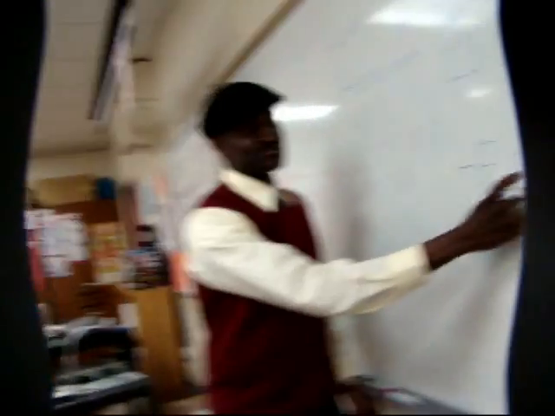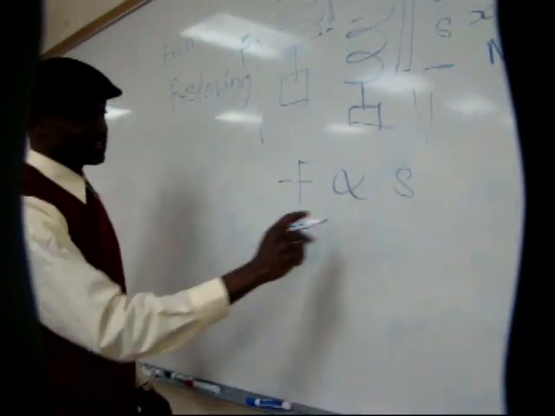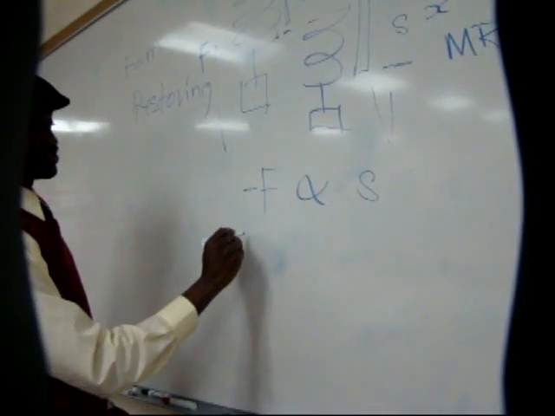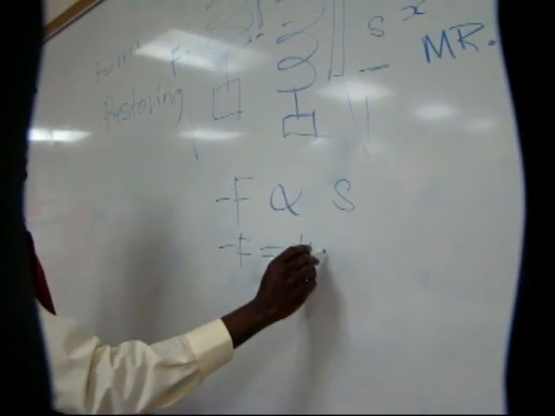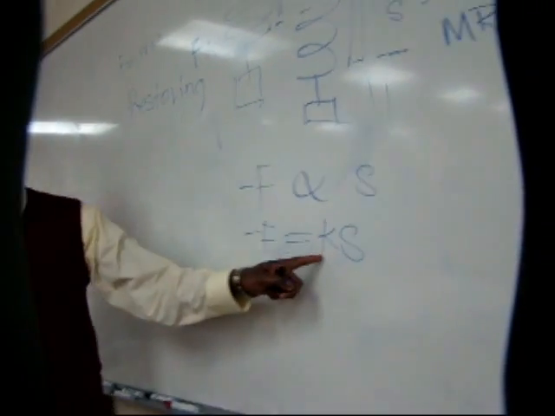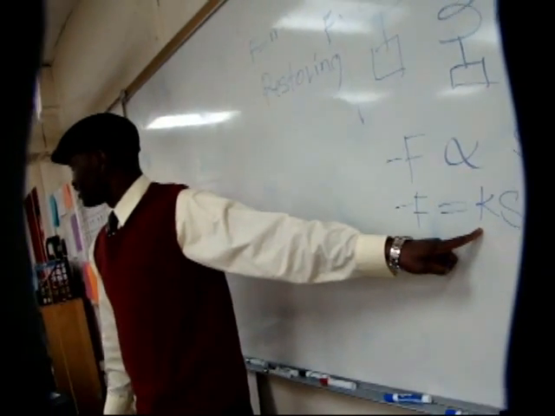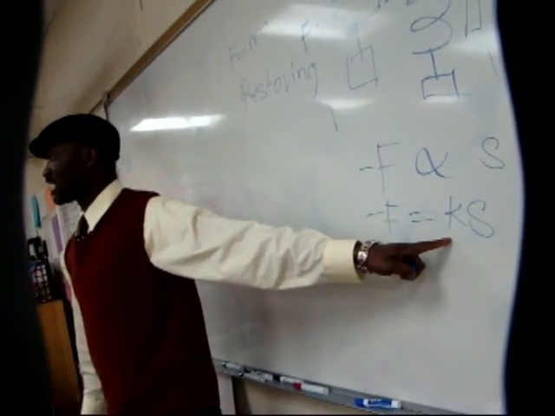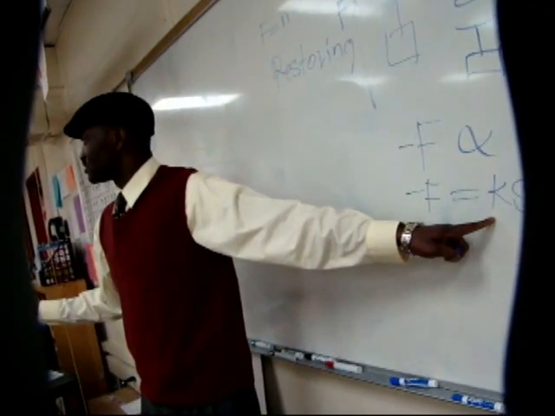And this sign is used to represent proportionality. So in this case, to remove this sign of proportionality, we still have our restoring force equal to Ks, where K is the proportionality constant. It can be C, it can be any other variable letter you choose.